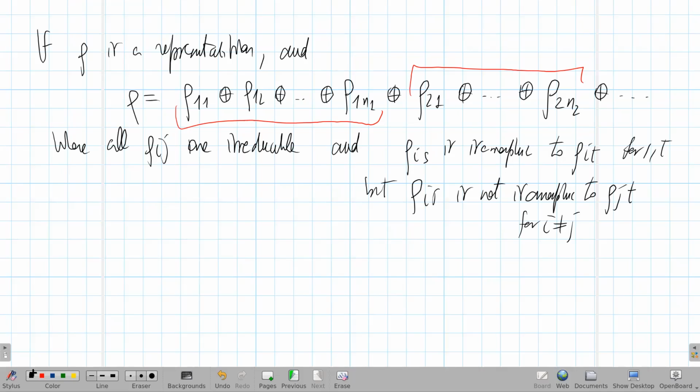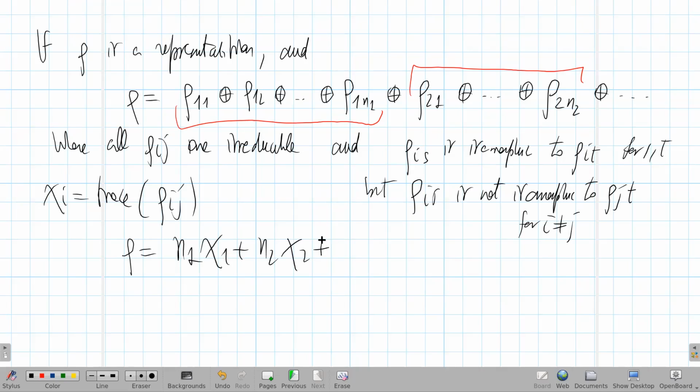But then if we consider the characters, if chi is the trace of rho ij, and note that the character, remember, this is an important fact, only depends on the isomorphism type of the representation, because all these are isomorphic, so the characters are the same. Then we write this as rho equal n1 chi1 plus n2 chi2 plus so on, where the chi i are distinct, chi i distinct from chi j for i different from j.